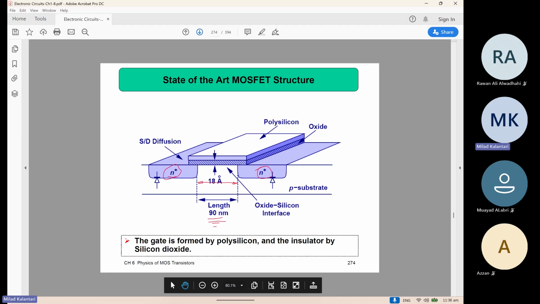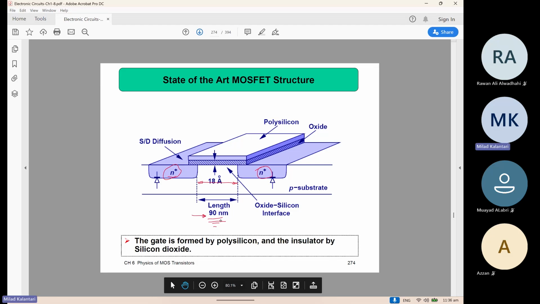Several years ago, maybe 19 nanometer was still a very small size, but now it's reaching 5 nanometer. So it means that they can reduce the size of this transistor to that small feature size, right?